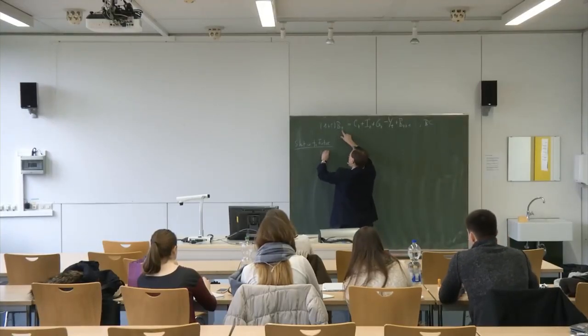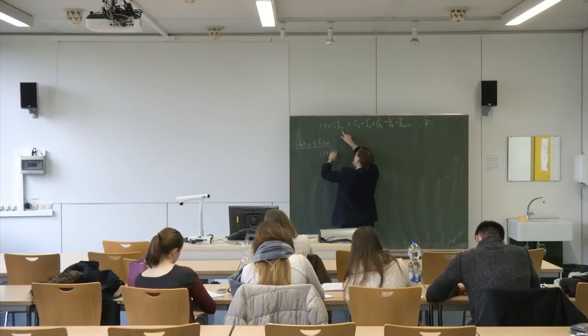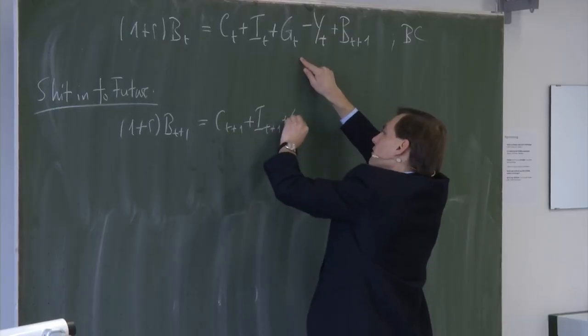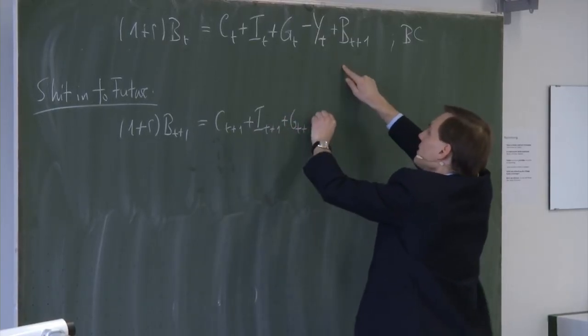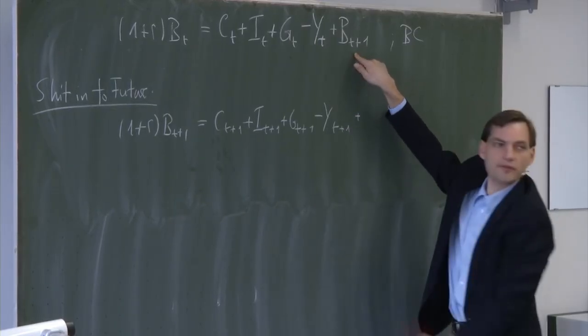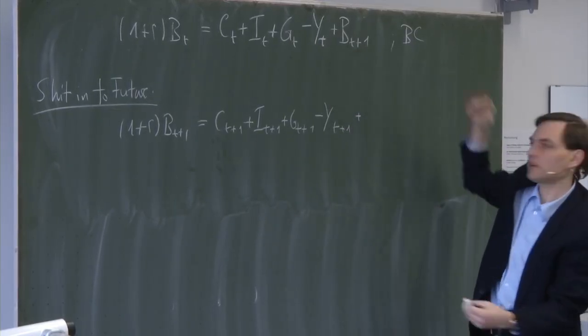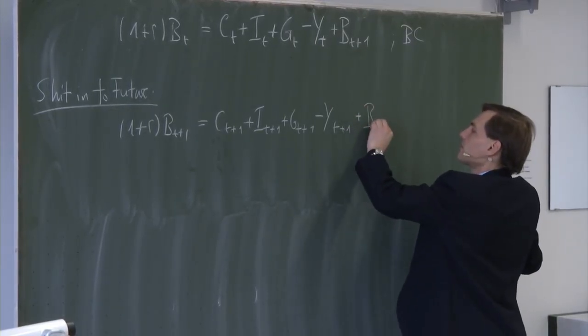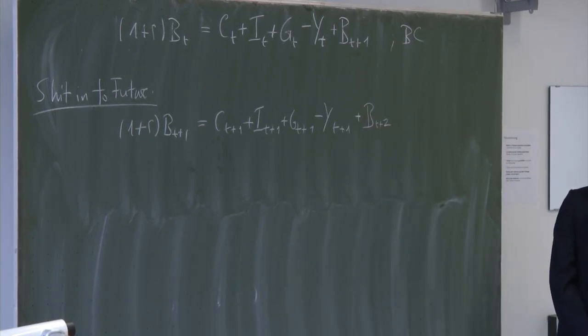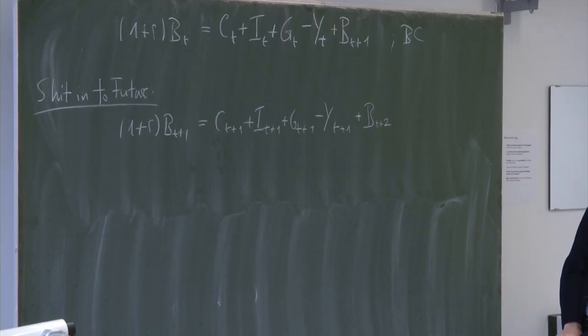So if I shift this into the future, I have here then B_{T+1} is equal to consumption in T plus 1, investment in T plus 1, government spending in T plus 1, minus GDP in T plus 1. And then, of course, I have here B_{T+2}, because I just shift this into the future. No problem, no big deal so far.